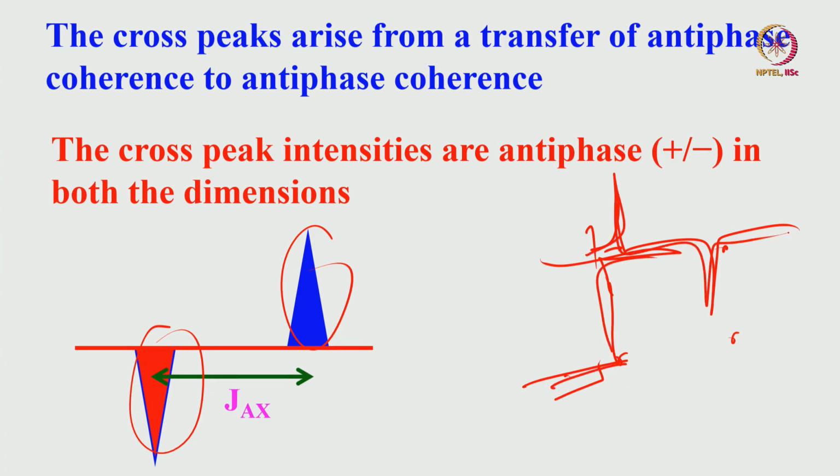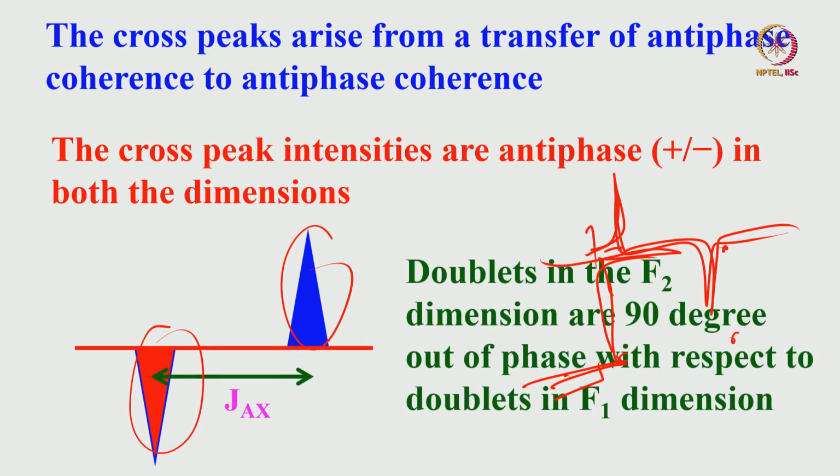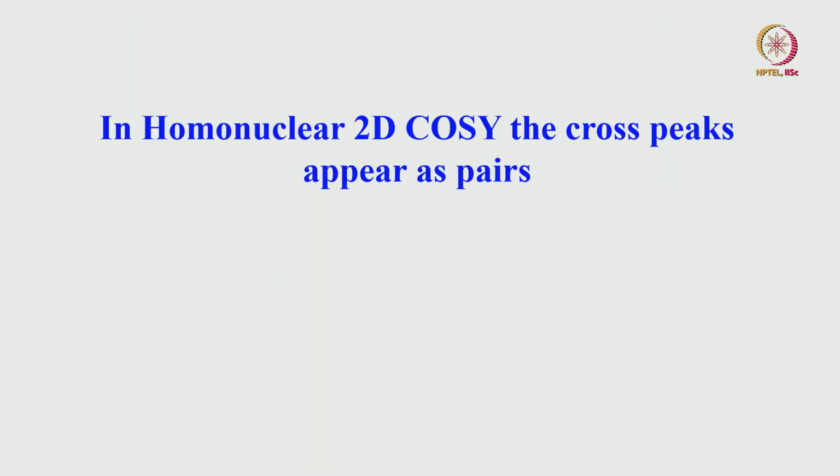What it means is the cross peaks are antiphase doublets in both dimensions, the T1 and T2 dimensions, or omega 1 and omega 2 dimensions. Similarly, the diagonal peaks have in-phase doublets in both omega 1 and omega 2 dimensions. So this is the pattern. And the doublet components are out of phase by 90 degrees. That is what is called antiphase here.